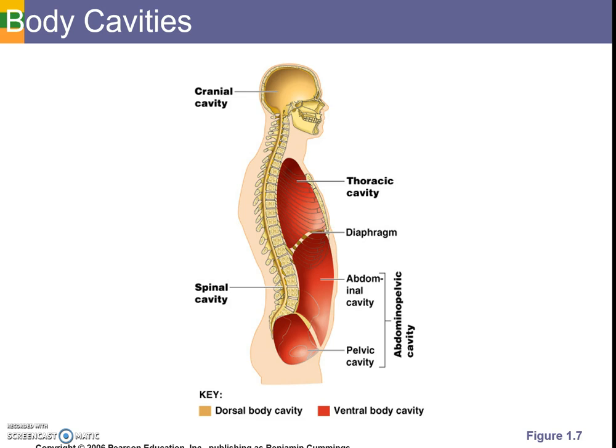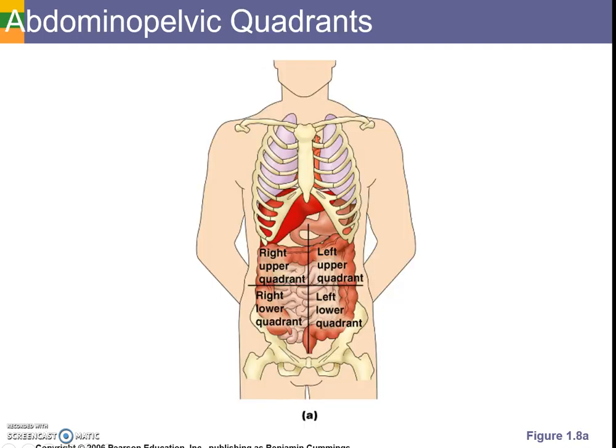Then we have the ventral body cavity, which again means belly side, or the anterior side of the body, and we actually do see it's divided up into the thoracic cavity, which is closed off, not completely, but separates it from the abdominopelvic cavity by the diaphragm. In our abdominopelvic cavity, we see that the upper portion is the abdominal cavity, the lower portion is the pelvic cavity.